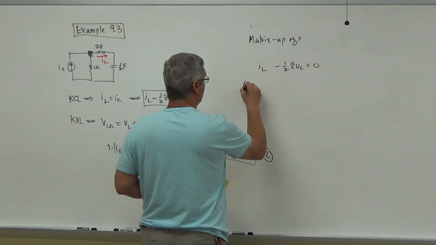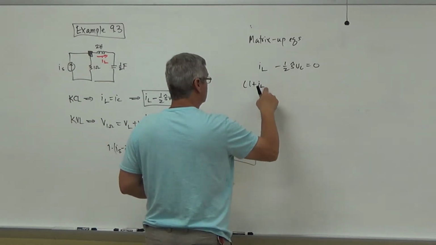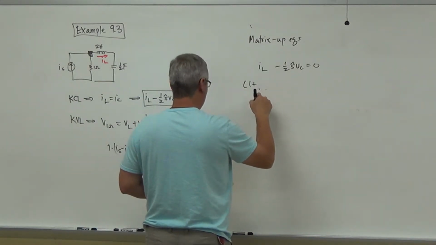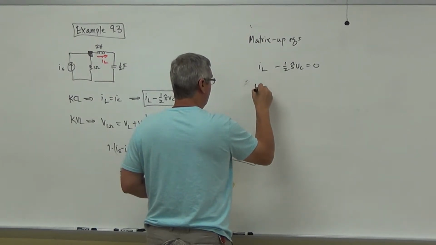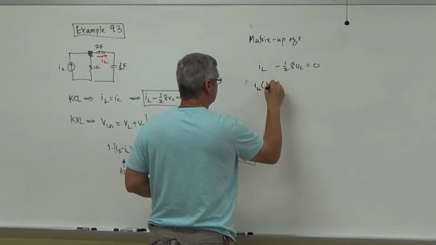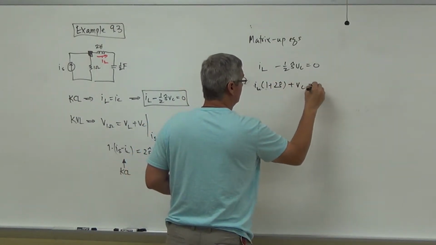Then I'm going to get IL times 1 plus 2 S hat, plus VC equals I source.